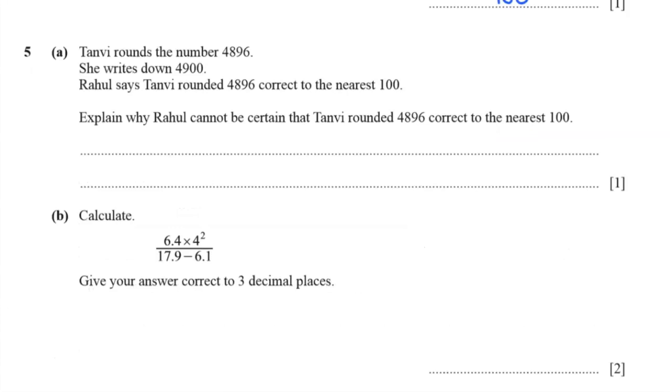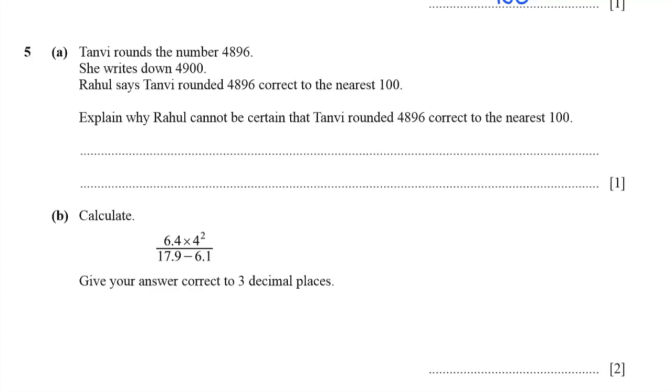Question 5a. Tanvi rounds the number 4896. She writes down 4900. Rahul says Tanvi rounded 4896 correct to the nearest 100. Explain why Rahul cannot be certain that Tanvi rounded 4896 correct to the nearest 100. And I think the reason we can't be certain is if you round it to some other value, you might get the same number.